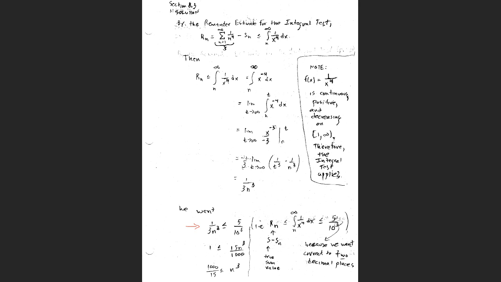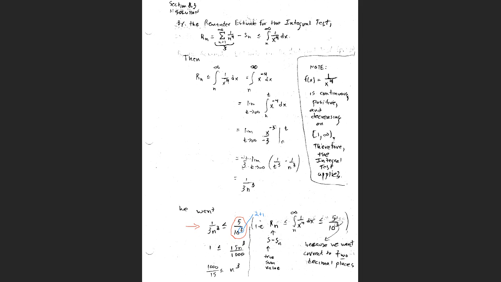Oh, Tina's asking about that 5 over 10 cubed. Because we want our estimate of the series to be correct to 2 decimal places, we have in the denominator 10 to the 3rd power. So 3 is just 2 plus 1.